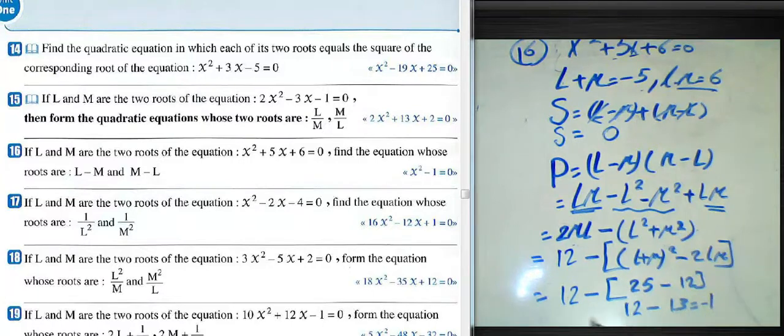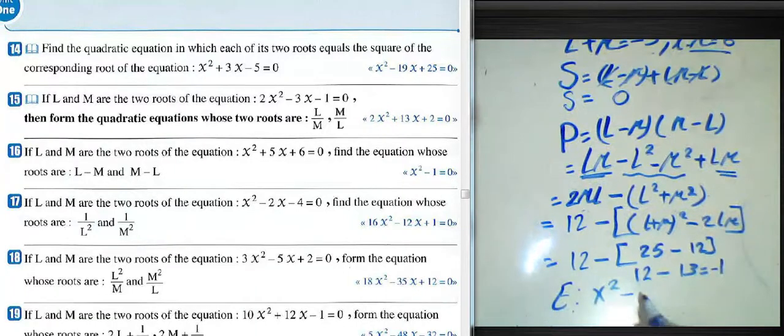So the equation will be x power 2 subtract the sum, which is 0x, we cancel it because 0 multiply x equal 0, and we write the product negative 1 equals 0. It will be the equation x power 2 minus 1 equals 0. Okay, that was question 16.